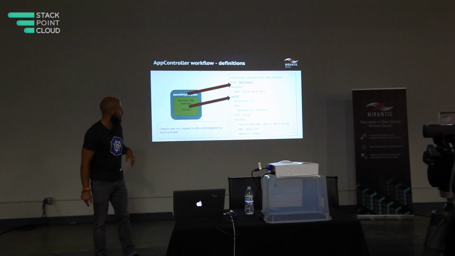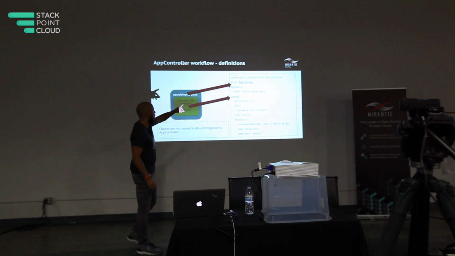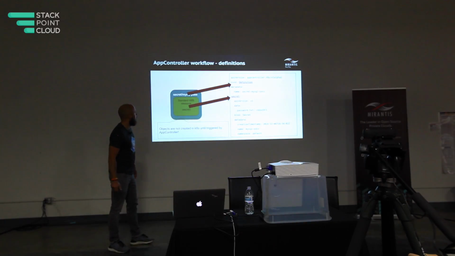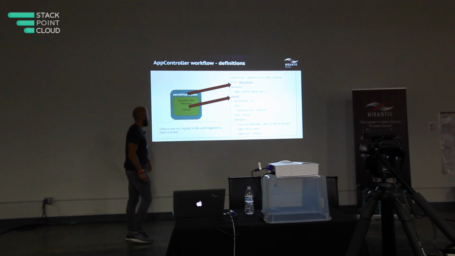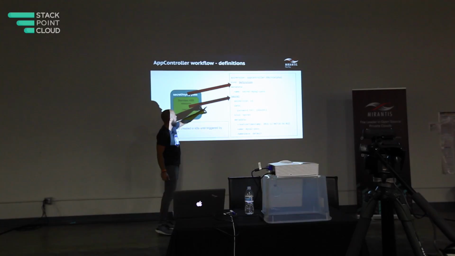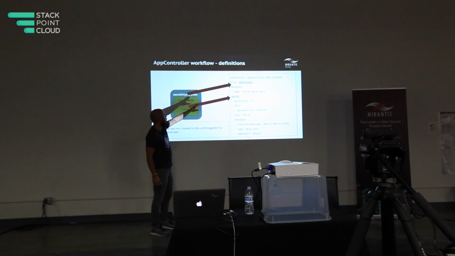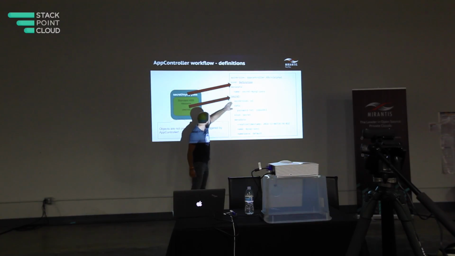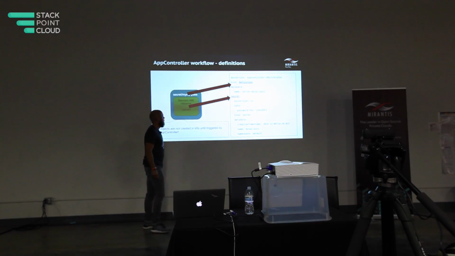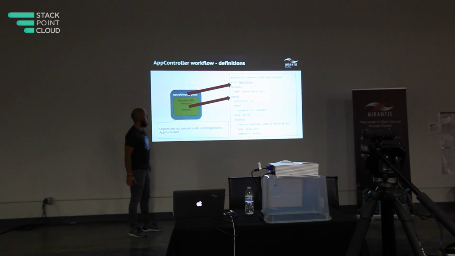This is an excerpt from the YAML file with the definition, and you will see that it adds a couple of headers: the API is changed to AppController, the kind is definition, and what's below is a regular Kubernetes object. In this case, it's a database password, a secret.